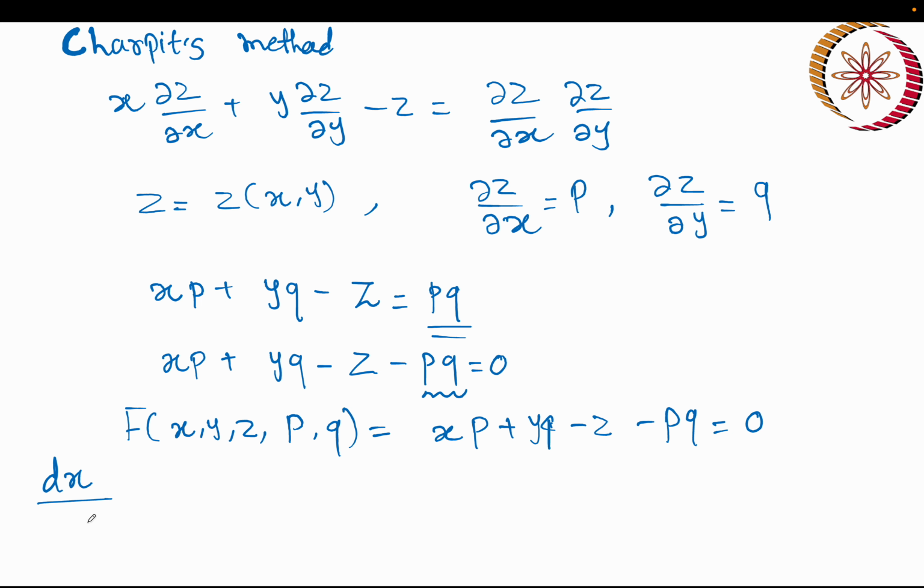So the formula that is derived with this method is dx by fp, where fp is nothing but the partial derivative of this function with respect to p. Then the next term you can guess, because for x we are taking the derivative of f with respect to p, so for y the corresponding term is q, so the next obviously will be dy by fq, and the next will be dz.